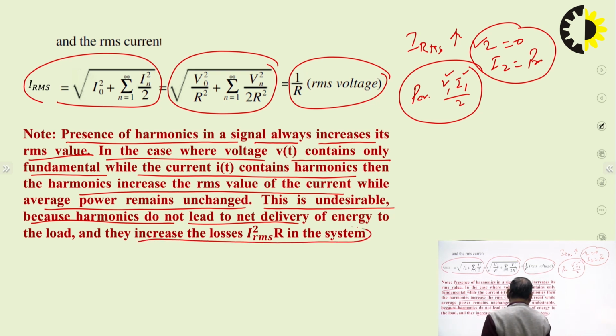So I square R losses will increase in the load. If both the voltage and current components are not present, then it will not take part in the energy transfer. So this is the significance of the presence of harmonics in the system. I square R losses will increase because IRMS will increase.